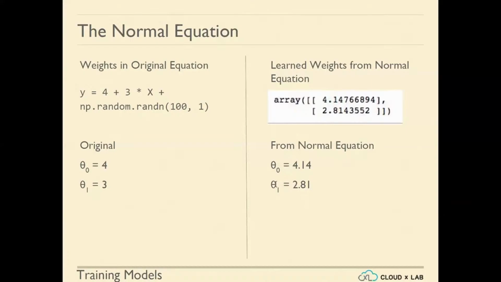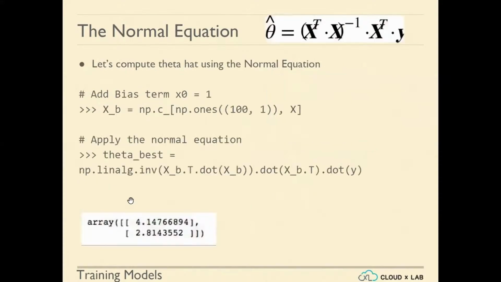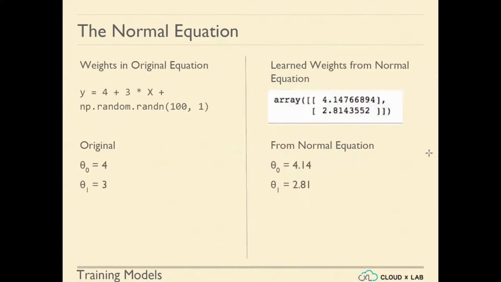Now, let me ask one question. Why are we getting 4.14? Why not exactly 4? See, I'm using this equation to get the solution, right? And I'm getting these values as the solutions, right? 4.14, 2.84.